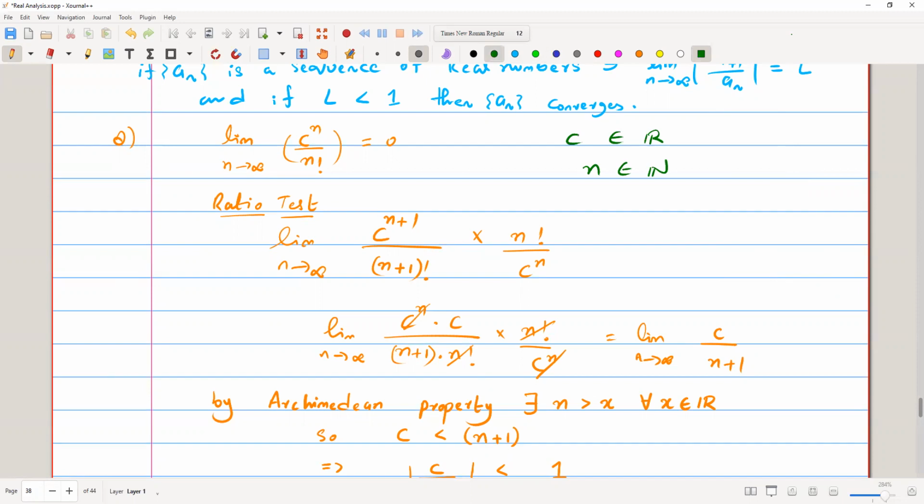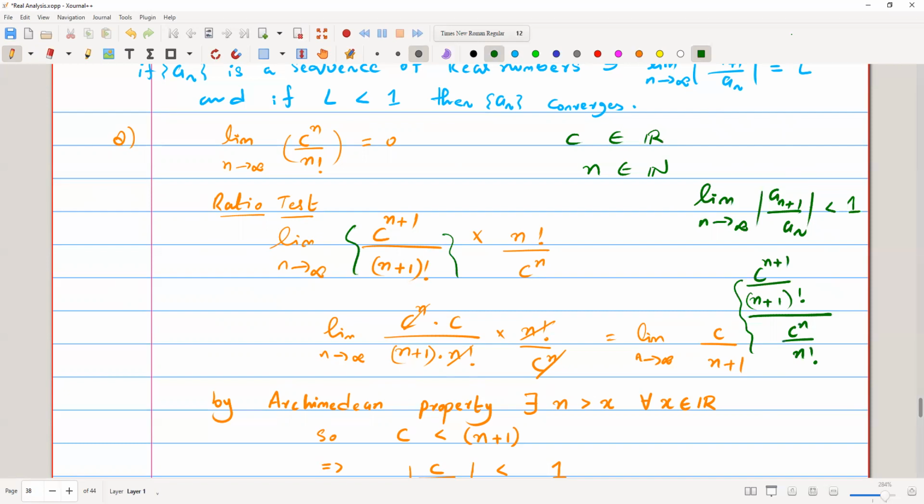We know that we have to take the limit as n tends to infinity of a_(n+1) over a_n, and we have to check that this absolute value is less than 1. All right, so on the application of this ratio test, we can write c to the power n plus 1 divided by n plus 1 factorial, and then the whole divided by a_n, that is c to the power n over n factorial.